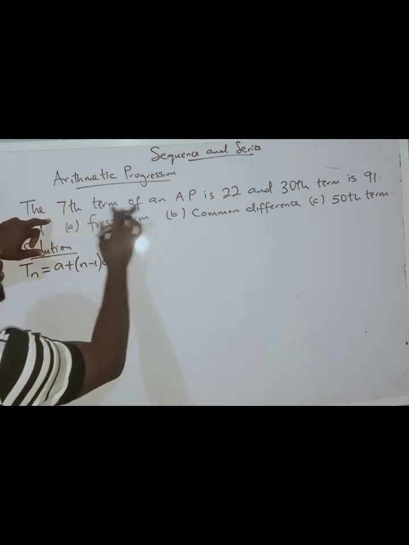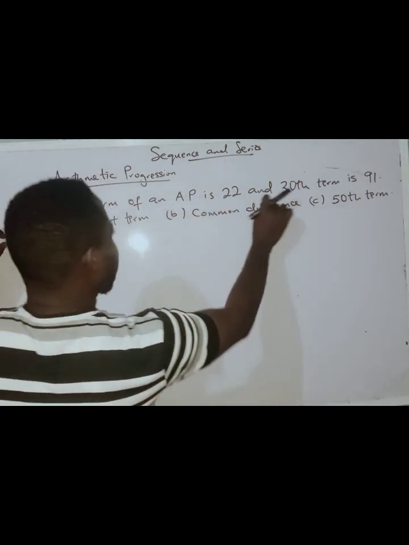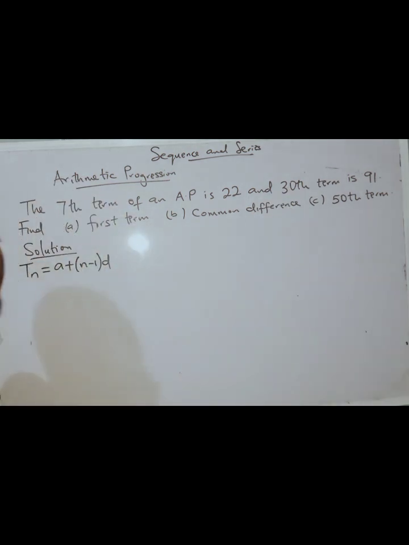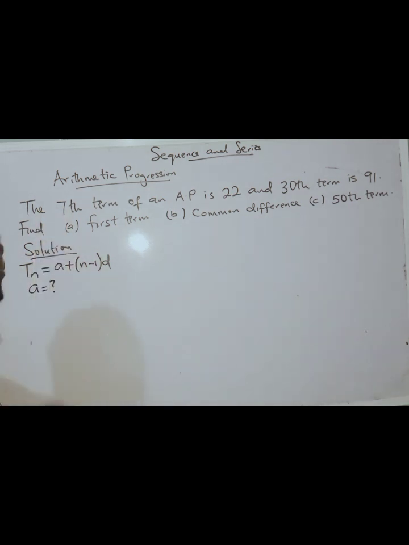Now let's look at the question. The question says the 7th term of an AP is 22. Before we go on, let's first interpret this. How do we interpret this? Since my A is unknown, because there is no first term in this sentence, we are only given the 7th term, and we are not given the common difference either. So what are we given? We are given n, which is the number, so n will be 7.